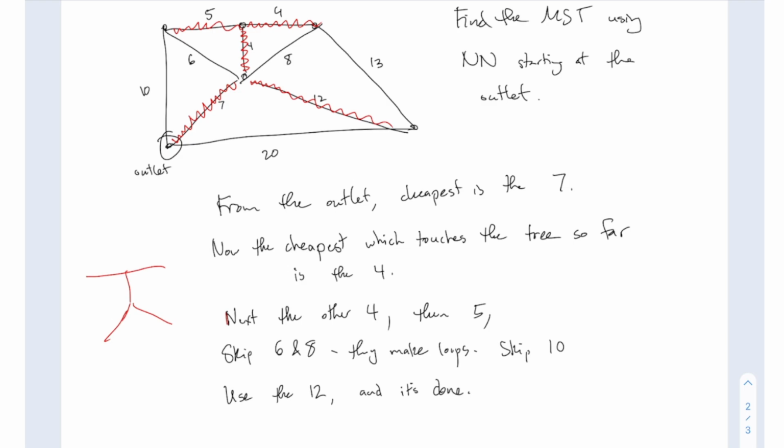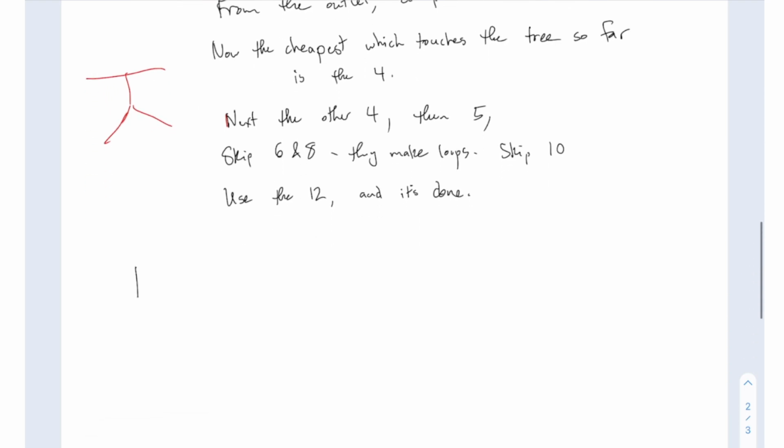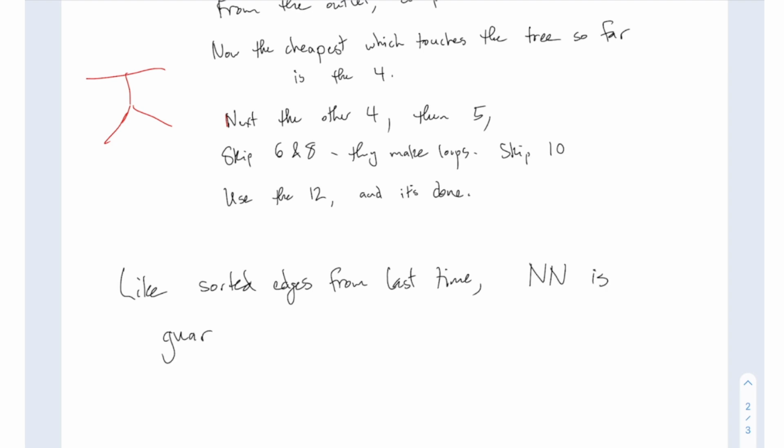So let me just say some words here. Like the sorted edges from last time, the nearest neighbor is guaranteed to give you the best spanning tree.